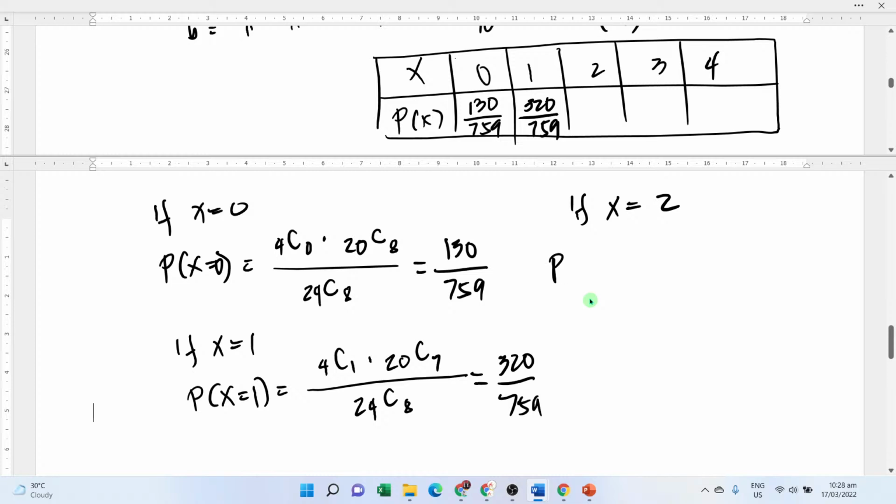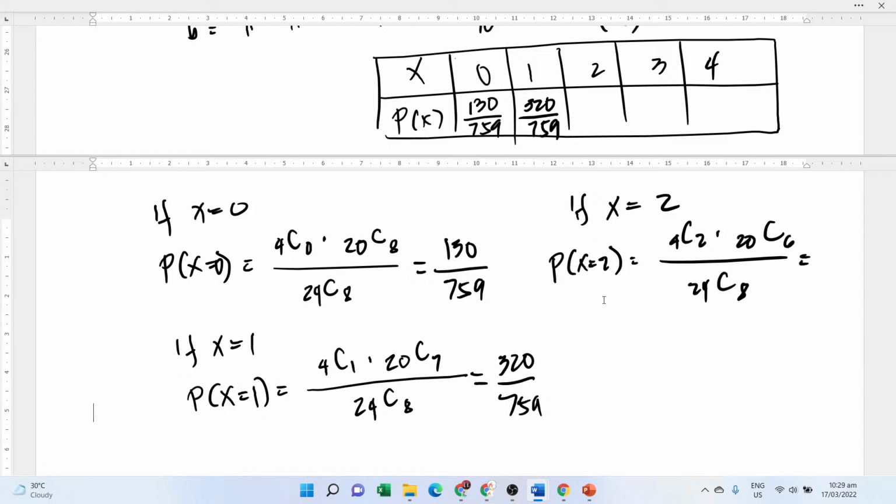Next, if x is equal to 2. So you know now how the numbers change in the formula, no? So this will be 4 combination 2 times 20 combination 6 over 24 combination 8. Okay, let me change the data on my calculator.